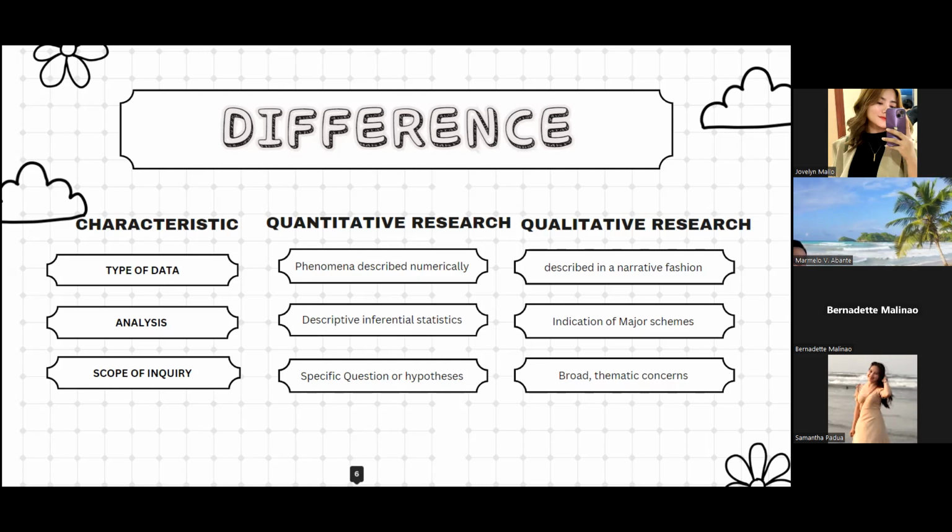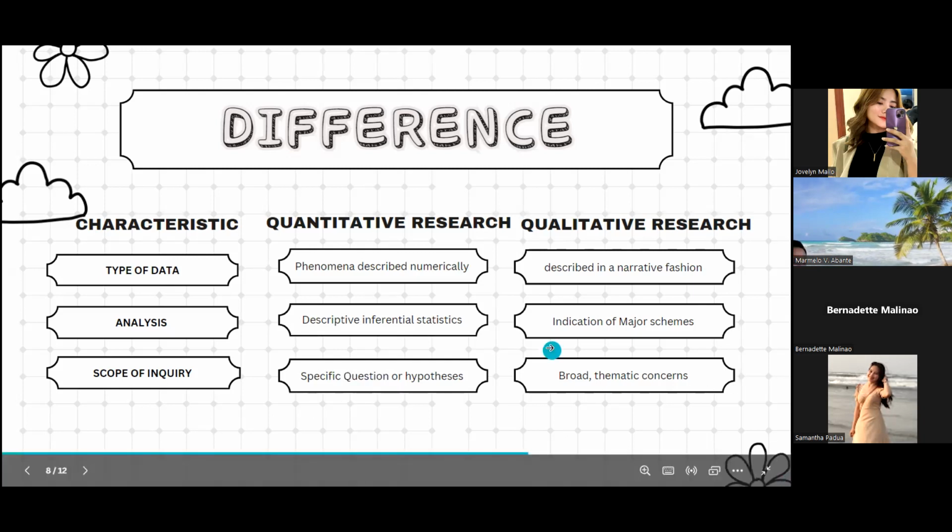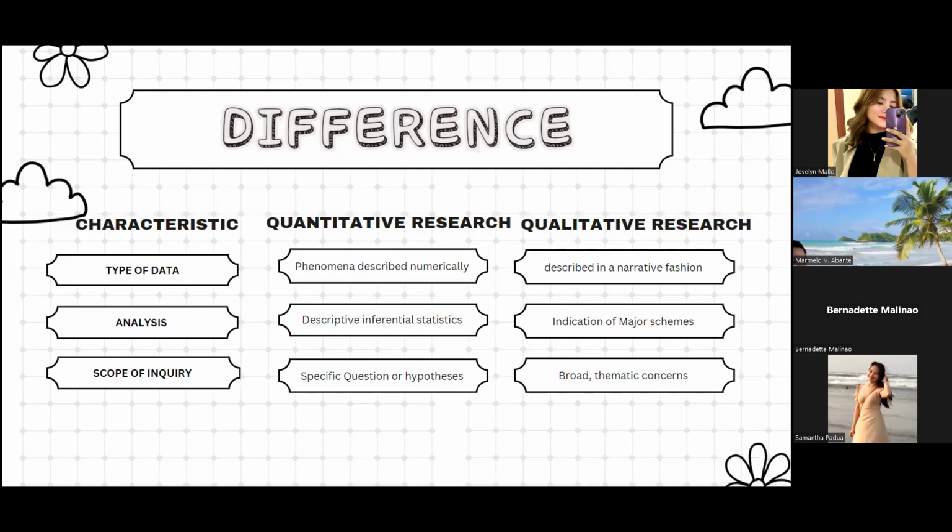So, in analysis, the qualitative research method can provide in-depth details. We can have an in-depth understanding since they can provide detailed information on how and why it happens.